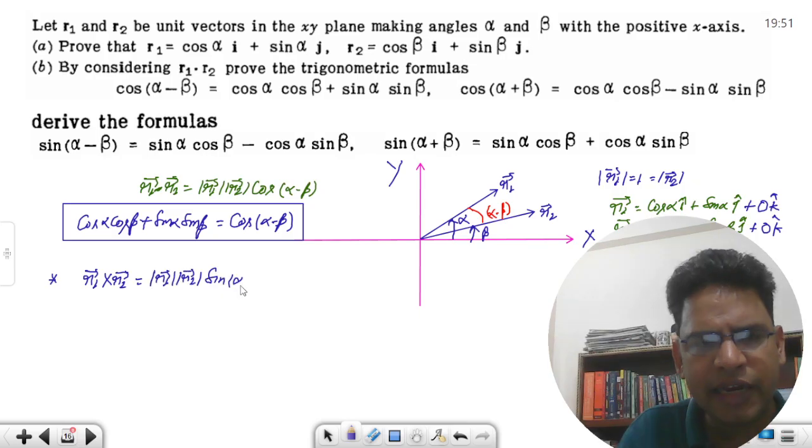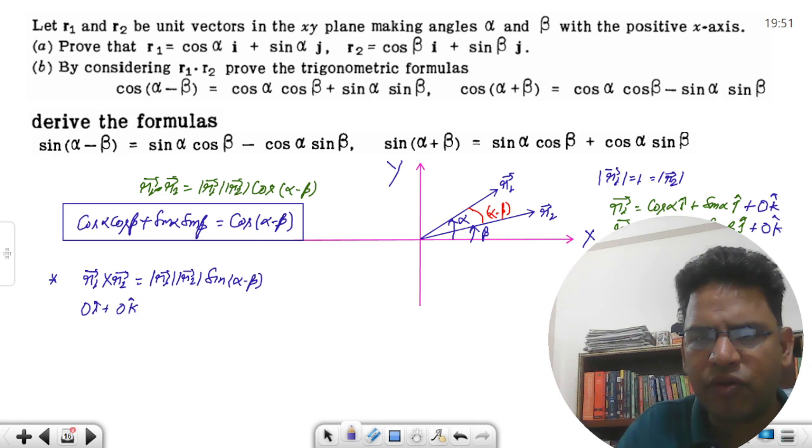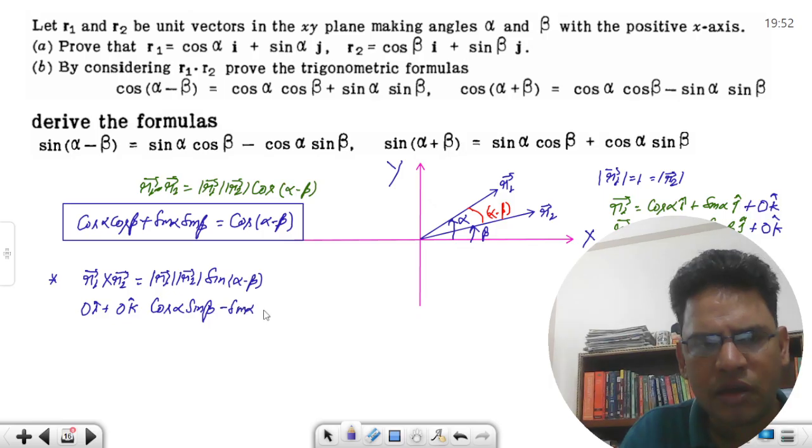When you take the i cap term from the cross product, you get 0, and you get only the k cap term, which is cos alpha sin beta minus sin alpha cos beta.